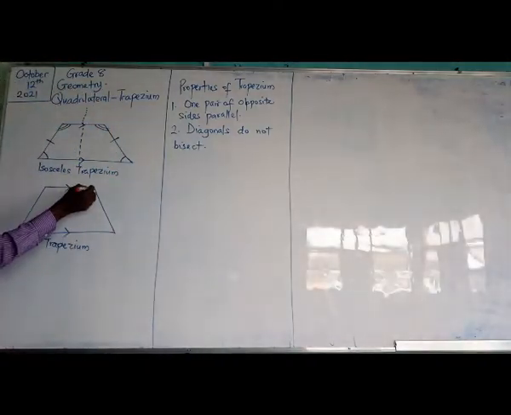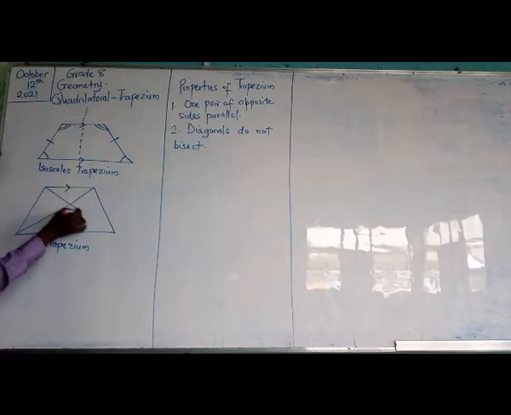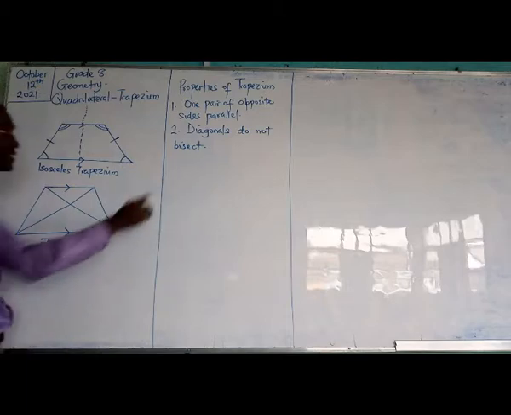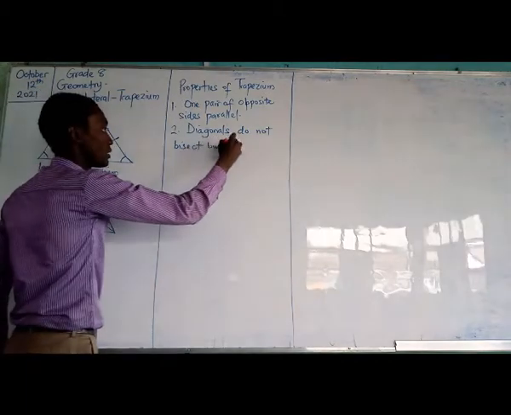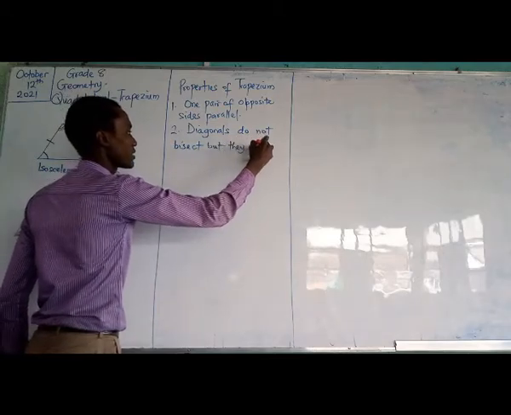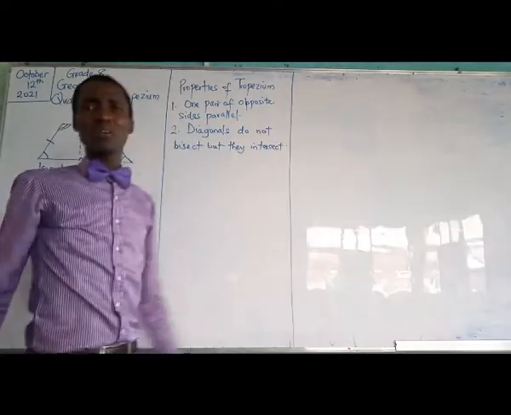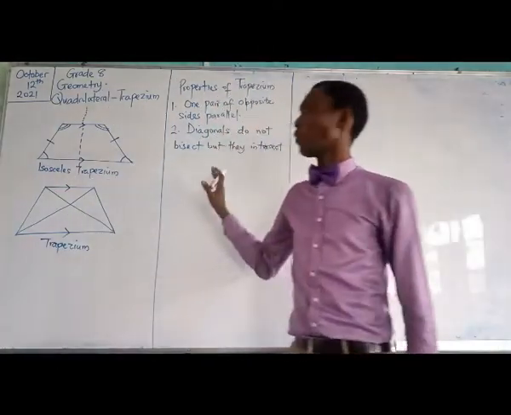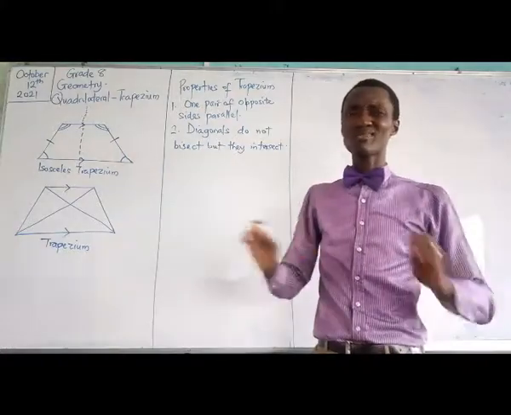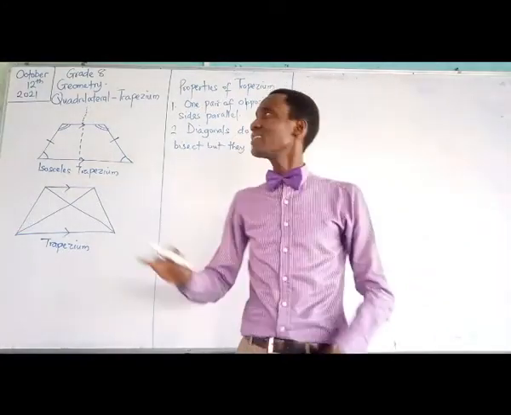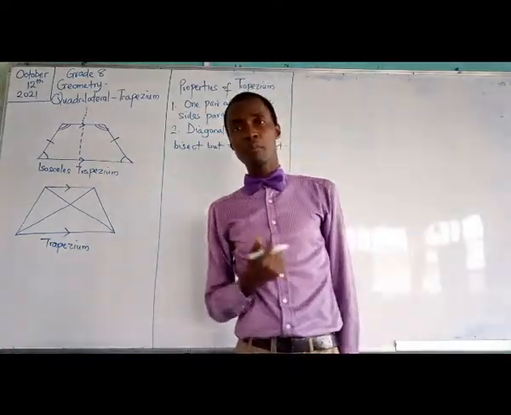So by way of extending my narrative, if I cut like this, this is one diagonal, I cut like this. These diagonals don't bisect. Although they intersect, they do not what? Bisect. So diagonals do not bisect, but they what? Intersect. So that's about what we may talk about when we mention the trapezium. There's nothing so special aside from these properties.